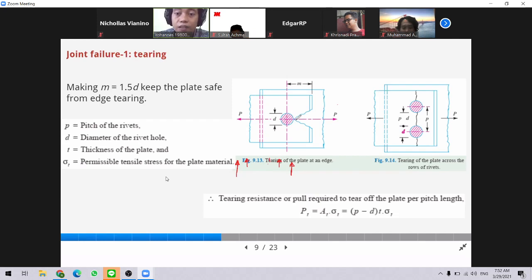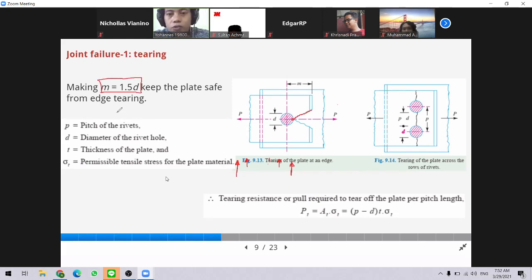Then we initiate stress concentration here, and it will create a crack which can grow to the edge. We don't have to calculate this because it is already described in the standard. It is based on very long and proven research. So we just follow this standard.